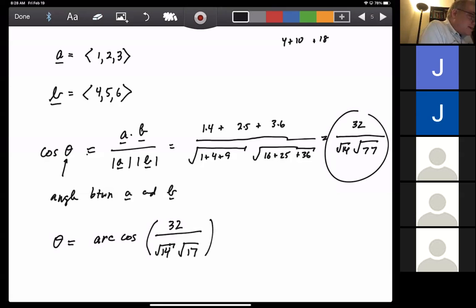In general, that's not going to be any special recognizable angle, but in special cases you might recognize what the angle is. This is something you probably just need to punch into a calculator or into Mathematica to evaluate.